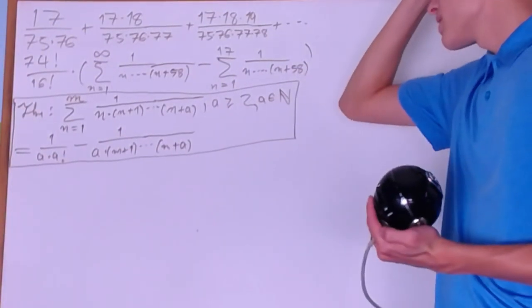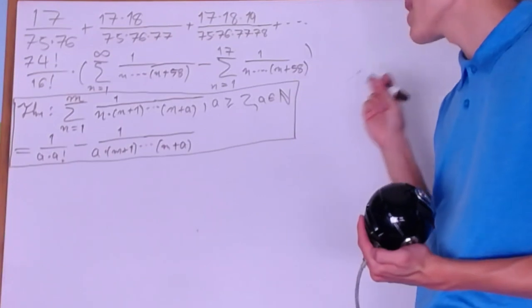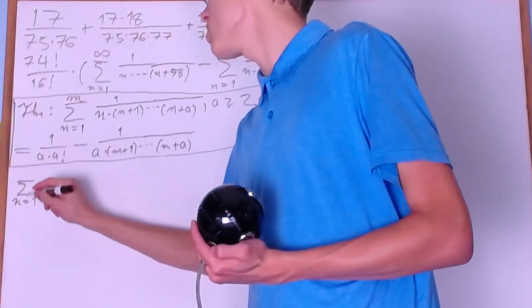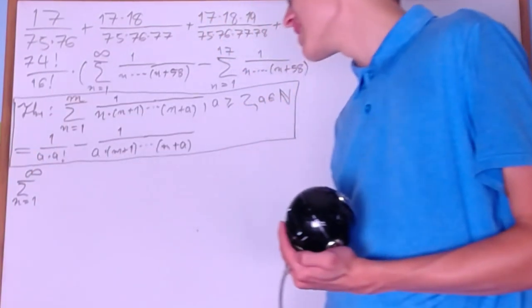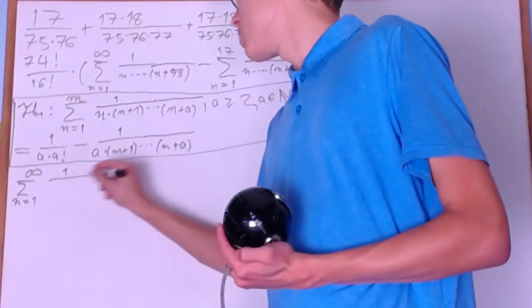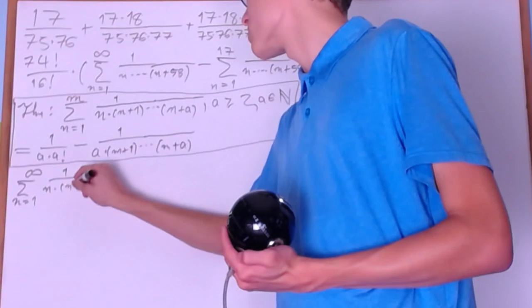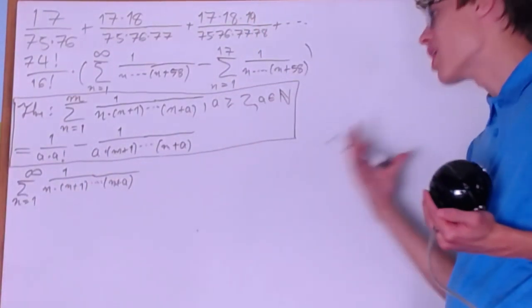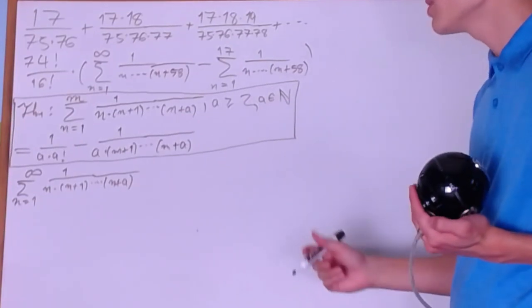Now, let's go ahead and figure out what the sum from n equals 1 until infinity of this big thing is going to be. Alright, so we have this big sum, and it's from n equals 1 to infinity.